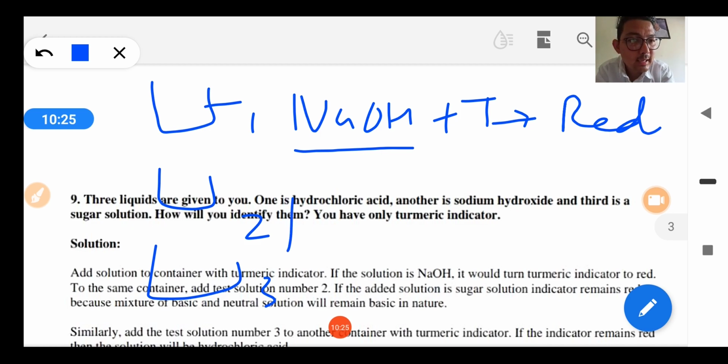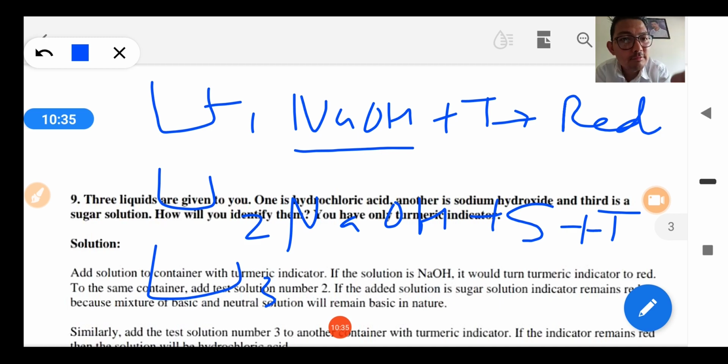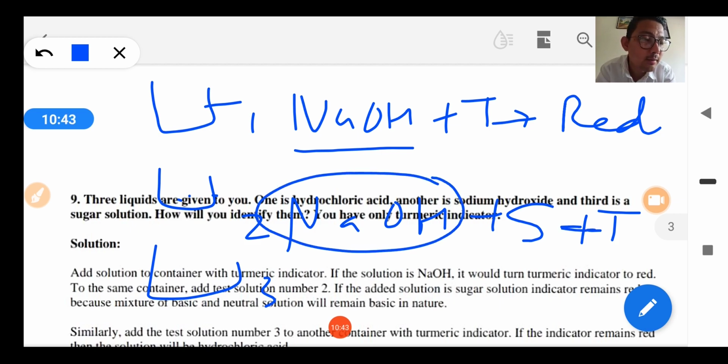Now in second container, to the NaOH we add sugar solution and then we add turmeric. So what will happen? What is the nature of this solution? See, NaOH is basic and sugar solution is neutral, and combination of basic solution and neutral solution is always basic.